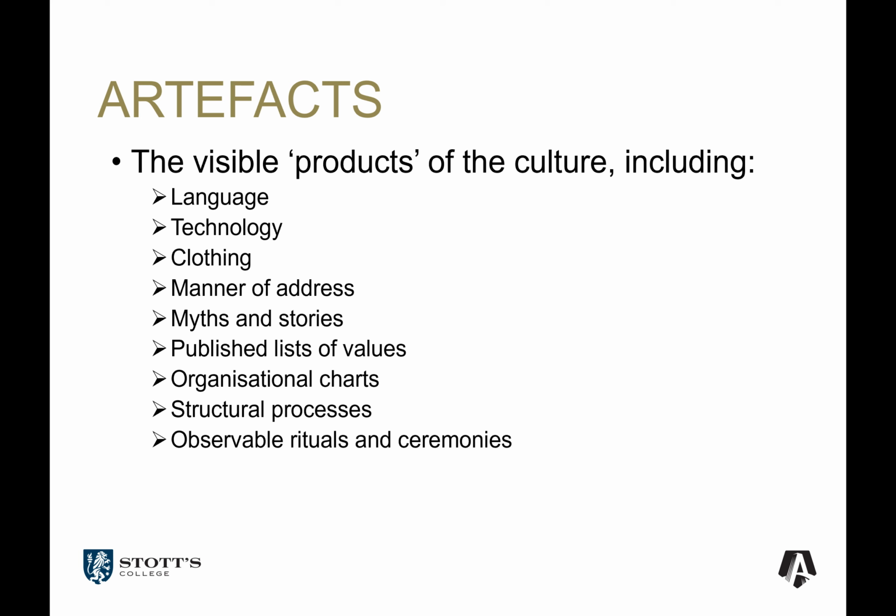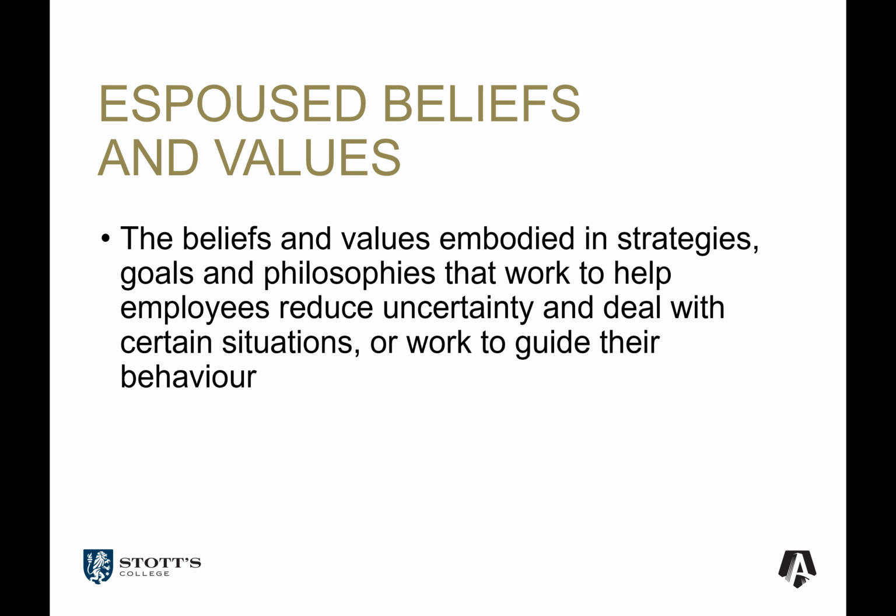Now, these things come together as a set of espoused values and beliefs. The espoused values and beliefs are what the firm says it's going to do and says it believes in.